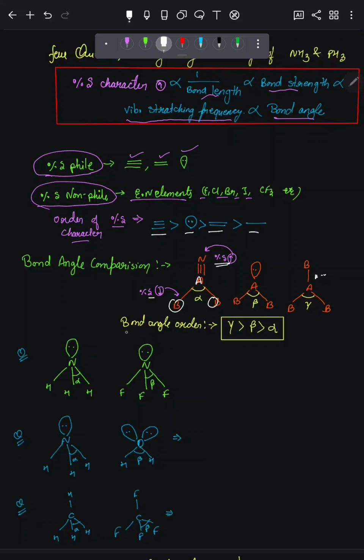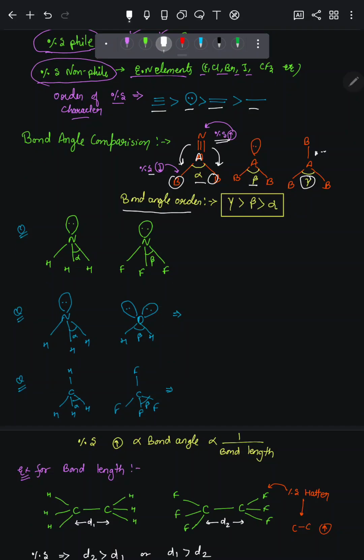So if we talk about the bond angle order, the bond angle will be maximum here, then in beta, and then in alpha. Why? Because of the repulsion between these, so this bond angle will reduce.